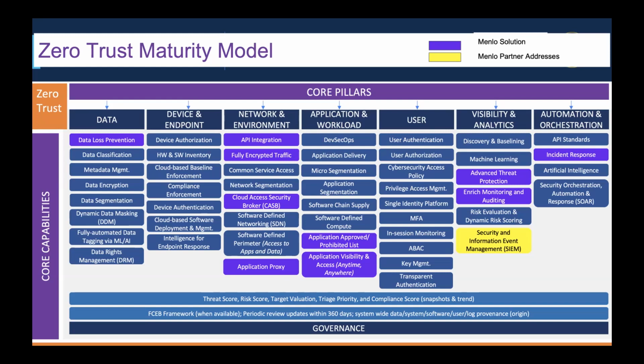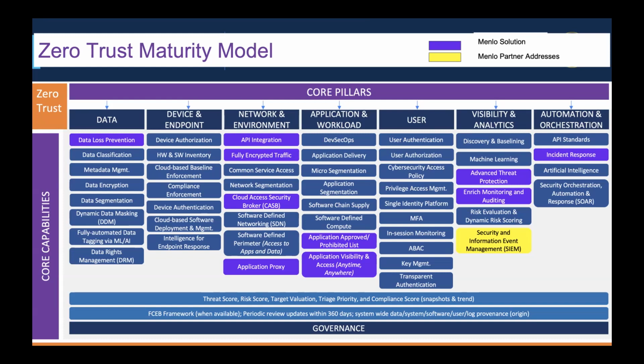There's a variety of capabilities on the network side associated with scanning fully encrypted traffic and integrating with APIs. We discussed CASBs, as well as the application proxy, which is very relevant and very compelling. The application and workload pillar is also a very strong component of zero trust, where Menlo is able to deliver value with not only the approved and prohibited list of applications, but also visibility and access for anytime, anywhere, and quite frankly, any device trying to access the required applications or workloads.